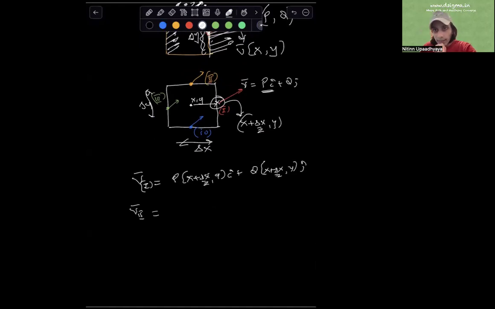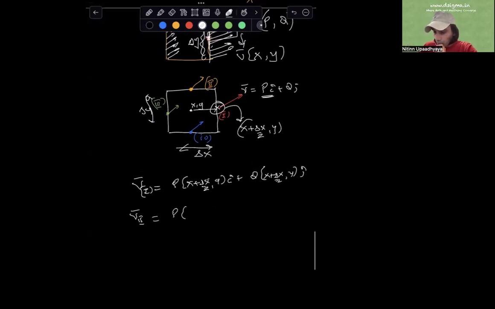So the vector field at segment 2, at the midpoint of segment 2, will be P. Now this point is del y by 2 up from x comma y, but the x coordinate doesn't change. So this is P(x, y plus del y by 2) along i plus Q(x, y plus del y by 2) along j.